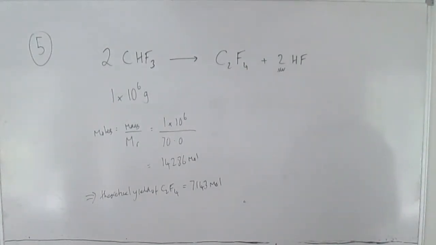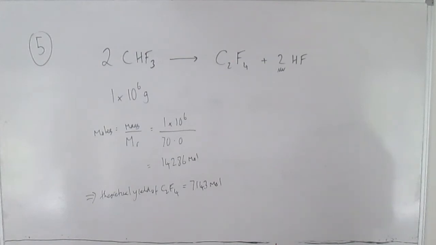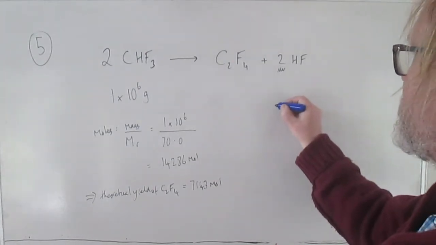But now we want to find out what the actual yield is. So you can approach that really in two ways. It may be sort of obvious to you that if the percentage yield is 84%, the answer is just 84% of that, and that's fine. If you're not comfortable with that, you can approach it by rearranging the expression.